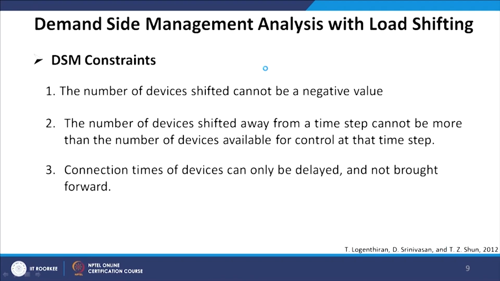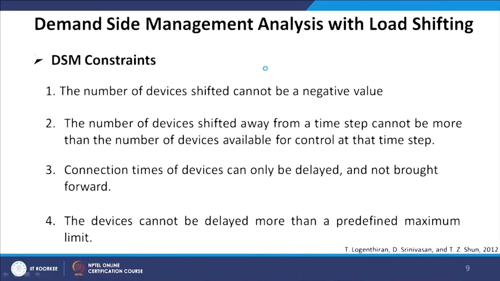Connection time of devices can only be delayed and cannot be brought forward, means I can suggest my washing machine to operate after 2 hours, but I cannot bring back 4 hours earlier, that is not possible. And the device cannot be delayed more than a predefined maximum limit.